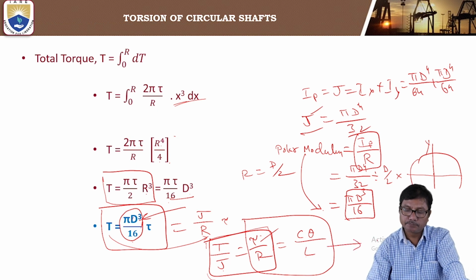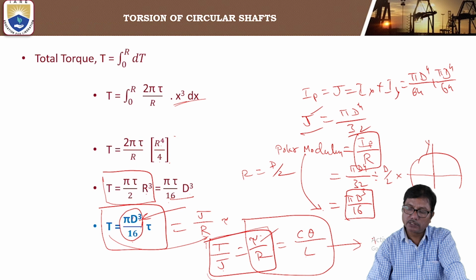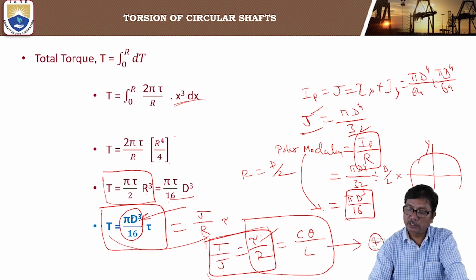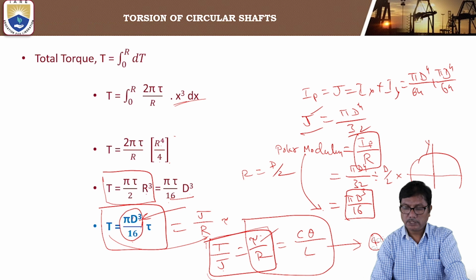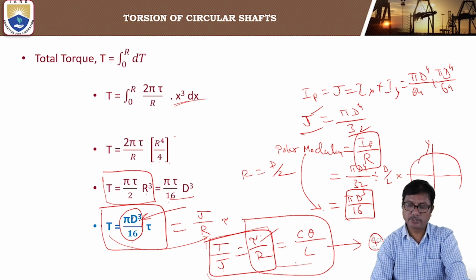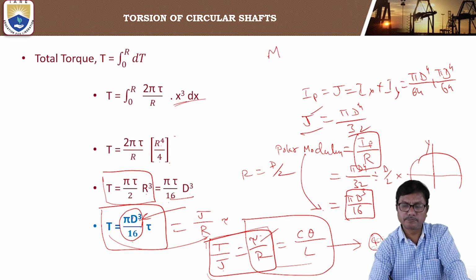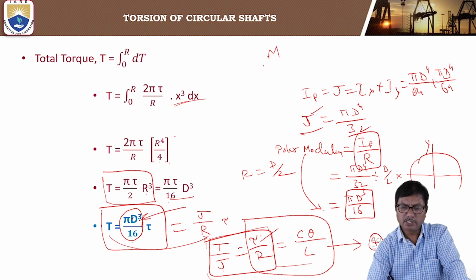Okay, this is the torsion equation. Just like bending equation, we have this torsion equation. Okay, you know what is bending equation? We have seen, I think, in one of the previous sessions.